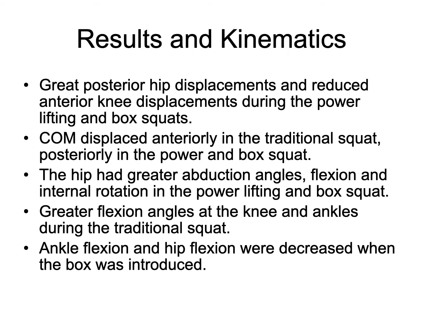The hip had greater abduction angles, flexion and internal rotation in the powerlifting and the box squats, which traditionally have a wider stance than the traditional squat. And as mentioned, there were greater flexion angles at the knee and ankles during a traditional squat, and ankle flexion and hip flexion were decreased when the box was introduced.